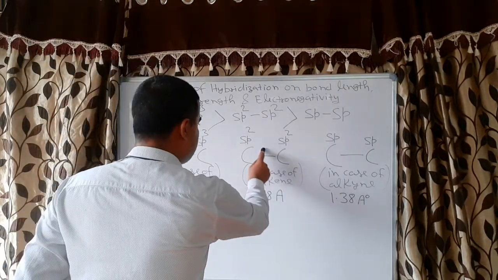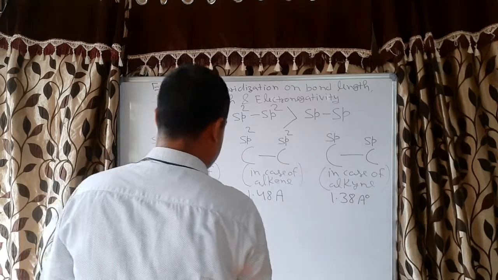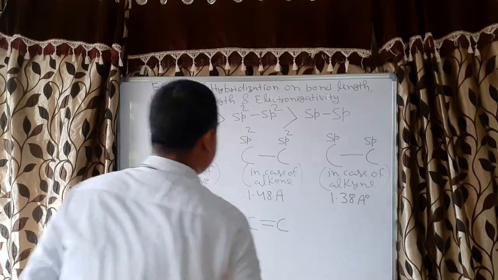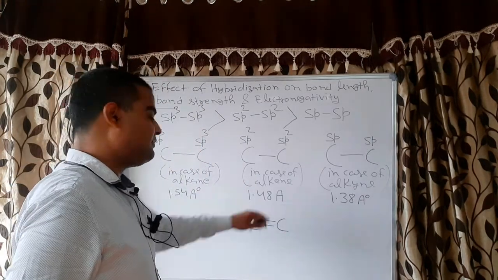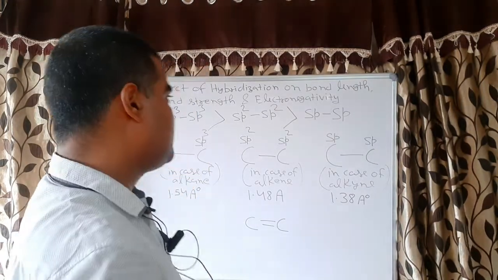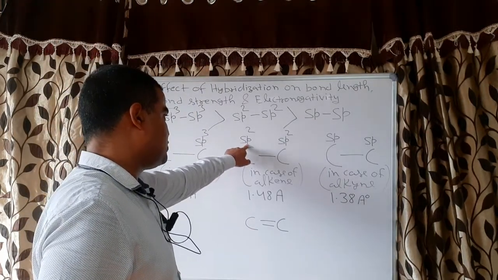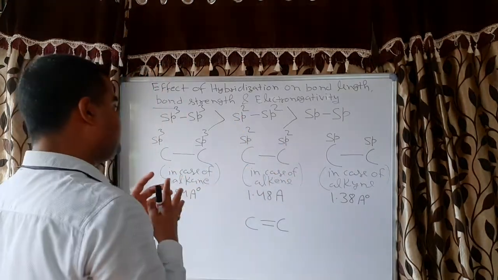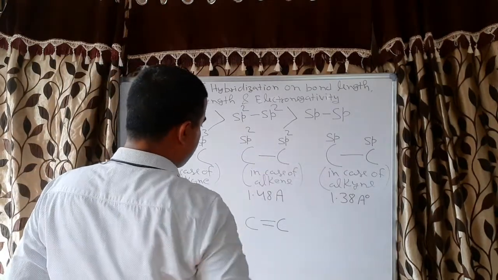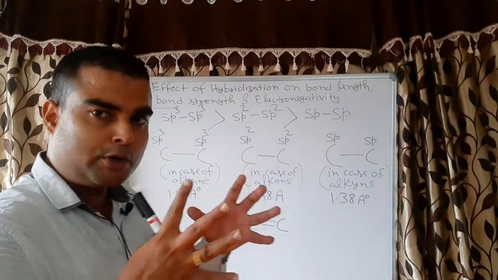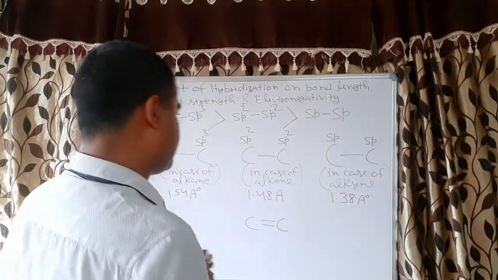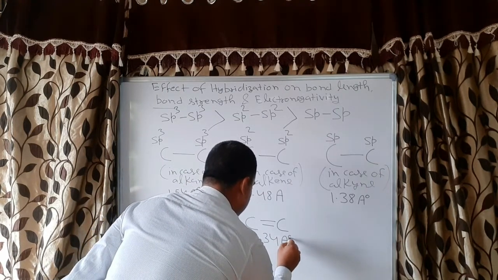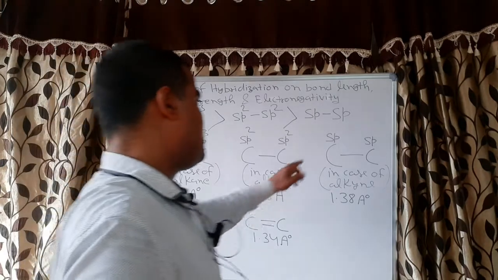It means here one pi bond formation is possible. So when we form the pi bond, correct, then what will be the bond length? When the unhybridized p orbitals come closer, it will bring both carbon atoms closer to each other, and closer to each other means bond length will decrease. So it will be 1.34 angstrom. Correct?